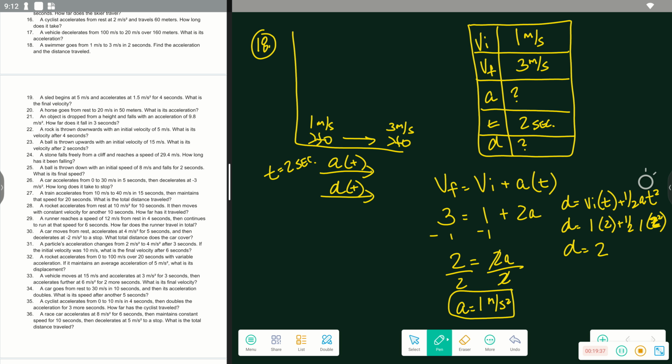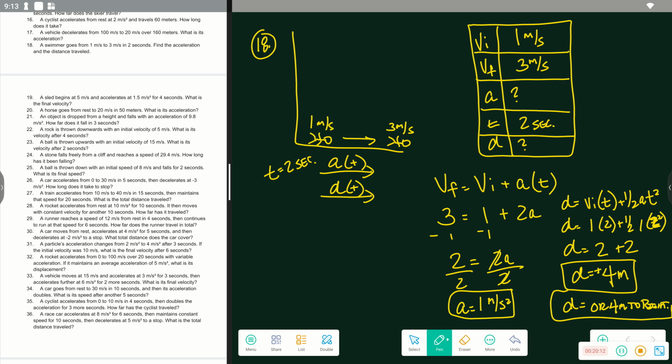It's a half. What's half of 4? It's 2. So the displacement that would be covered would be a positive 4 meters, or 4 meters to the right. Okay, so that's 18.